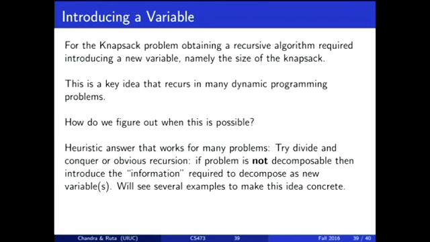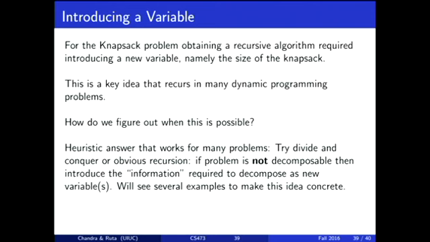Right? So that should guide you towards what are the additional variables that you need to put into the recursion so that you can get a recursion. Otherwise you won't even get a recursive algorithm for the problem. Okay? That is actually one of the hardest parts in dynamic programming, figuring out these additional variables to introduce so that the problem decomposes.